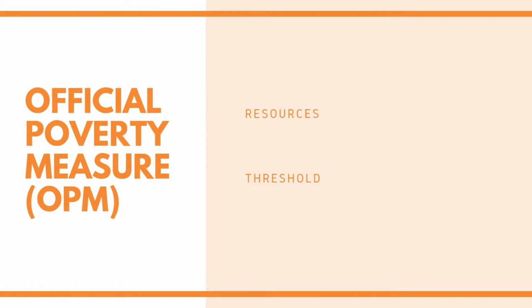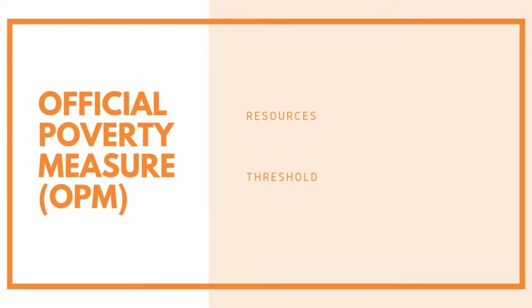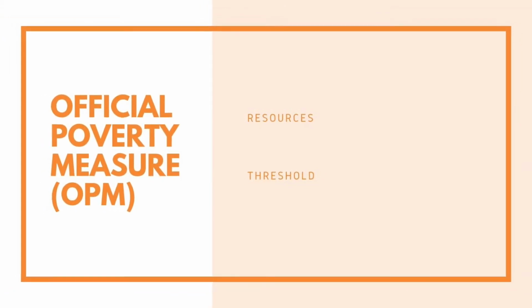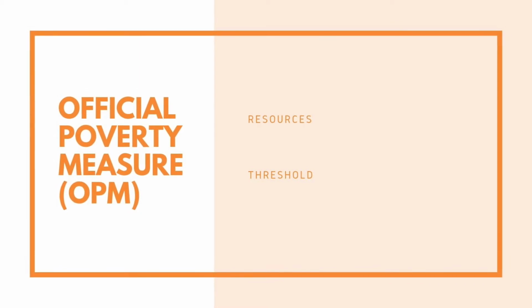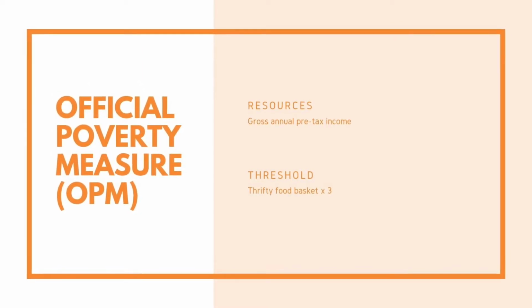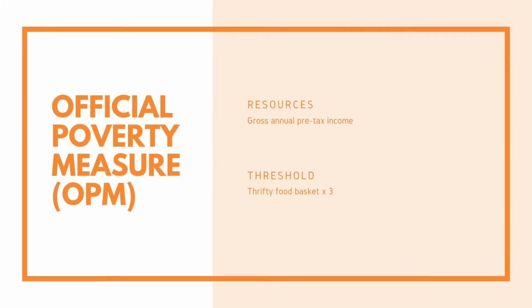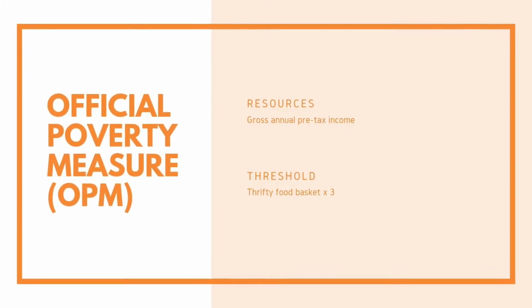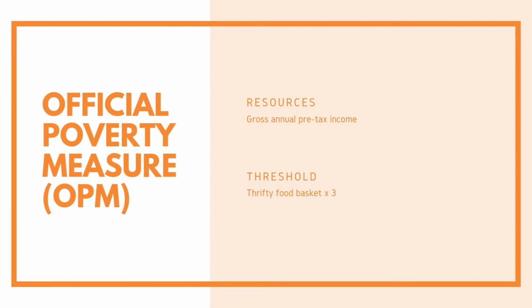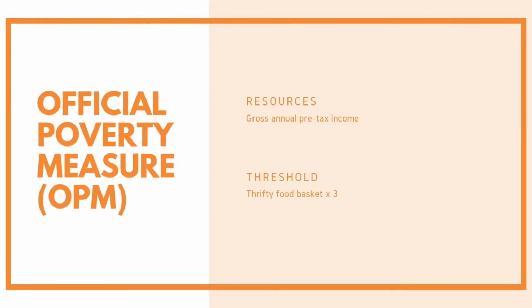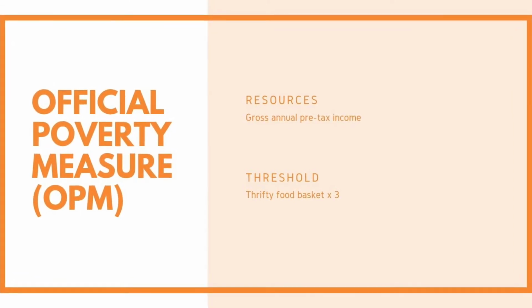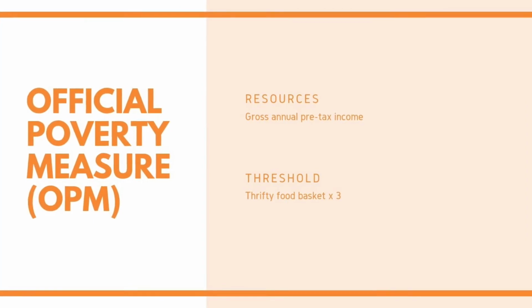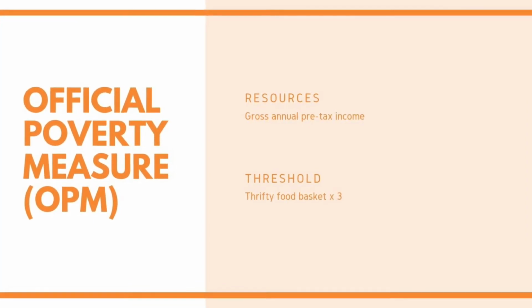Today, the United States measures poverty by the OPM, or Official Poverty Measurement. The OPM measures resources by gross annual pre-tax income, not including government handouts, and the threshold measures the thrifty food basket multiplied by 3. The thrifty food basket is designed for temporary or emergency use when funds are low, and is multiplied by 3 to adjust for additional resources.